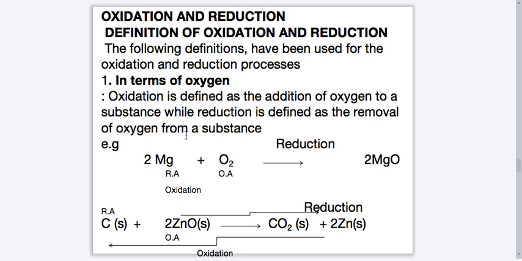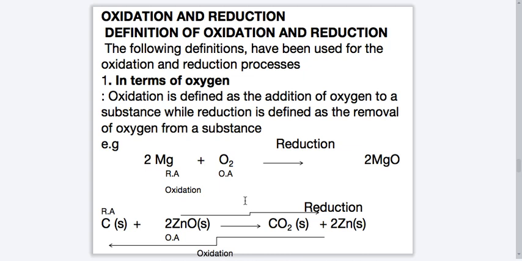So Mg here is standing alone. When you look at the product, it has become MgO. So Mg has gained oxygen. That is, from Mg to MgO, you can call that oxidation. Why? Mg has gained oxygen. That is referred to as oxidation.